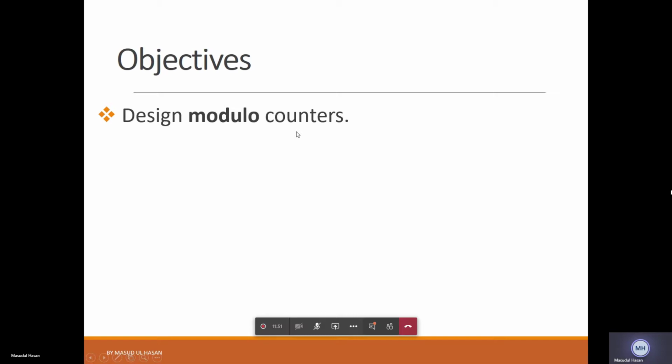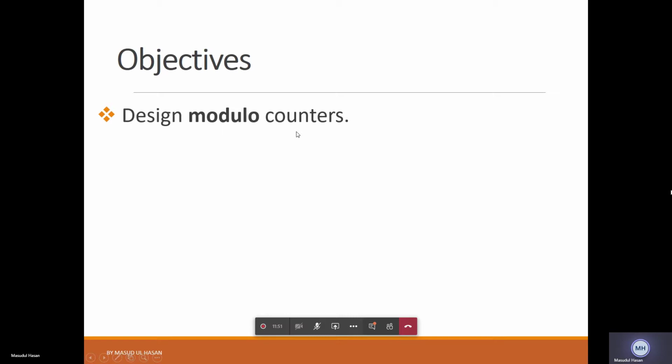As I mentioned in the objectives, we will see what is the meaning of cascaded. This is two modulo 10 counters cascaded with each other. Cascaded means like a train, connected one by one to each other. Like here, you can see this is the modulo 10 counter Verilog code. This is the modulo 10 counter schematic diagram.